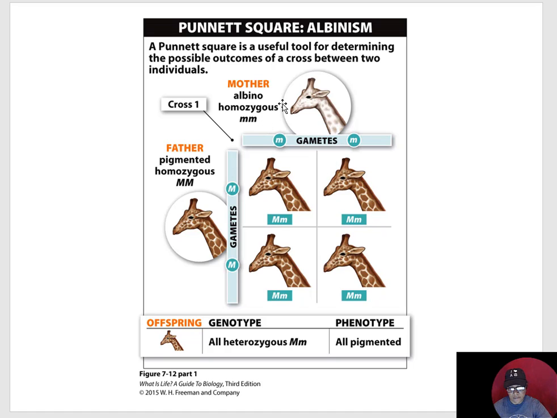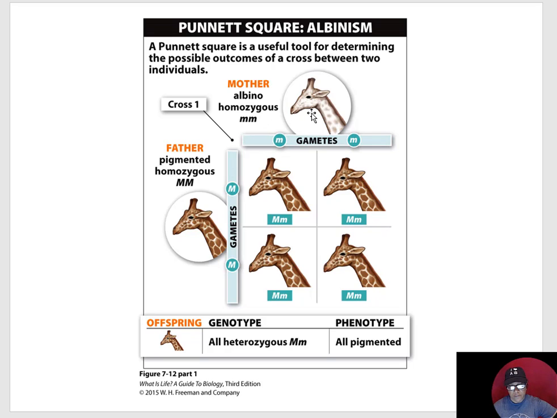So here we have the mother giraffe, and she is phenotypically albino, and genotypically she is homozygous for the gene little m, signified as little m.